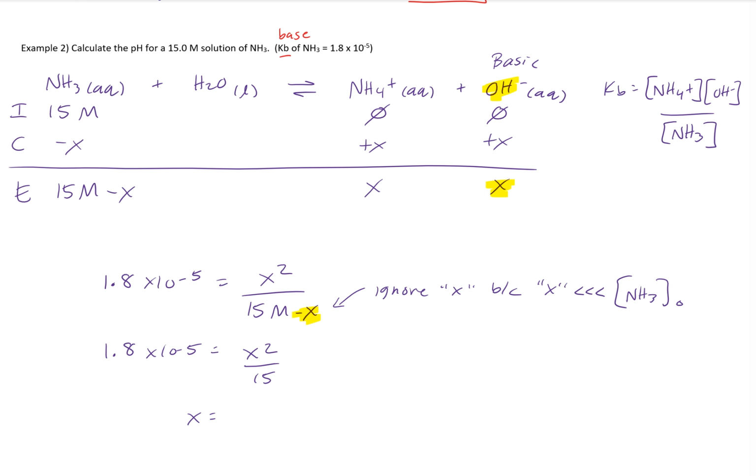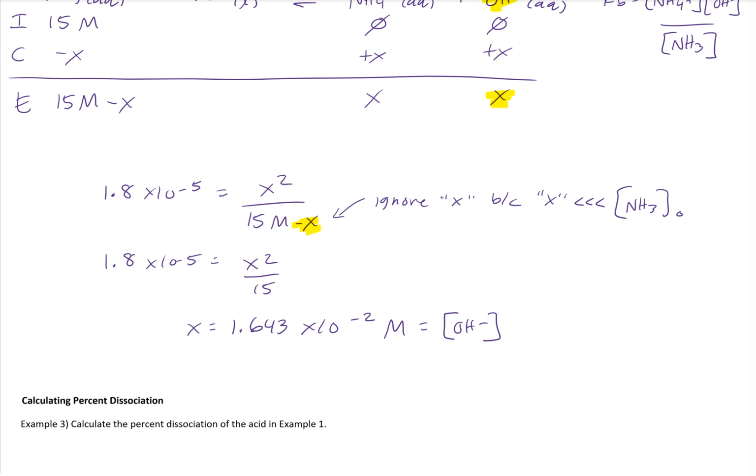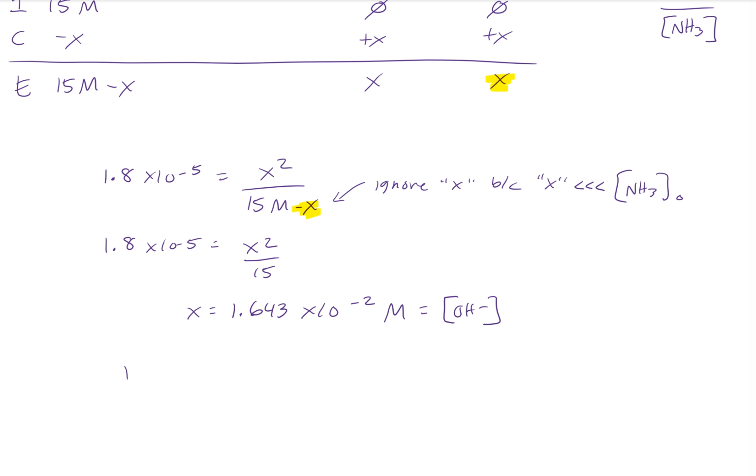X is equal to 1.643 times 10 to the negative 2 molar. And since this is a Kb ICE chart, X is equal to hydroxide. Once I have hydroxide, I can calculate pOH. pOH is the negative log of OH.